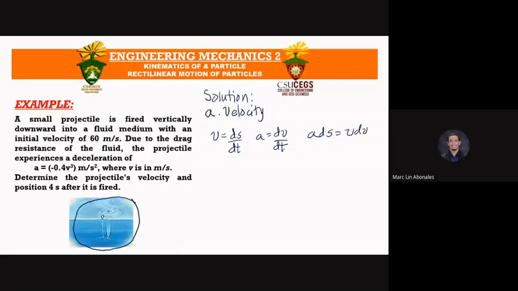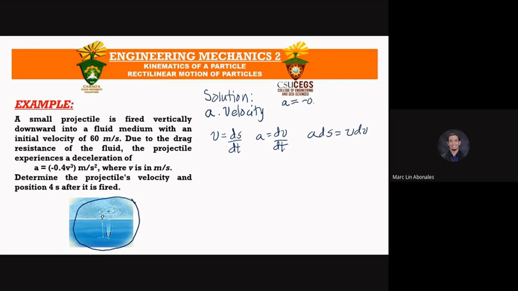When you choose a kinematic equation, it depends on the unknown variable and the given in your problem. In our problem, first we have the acceleration, negative 0.4 v cubed.